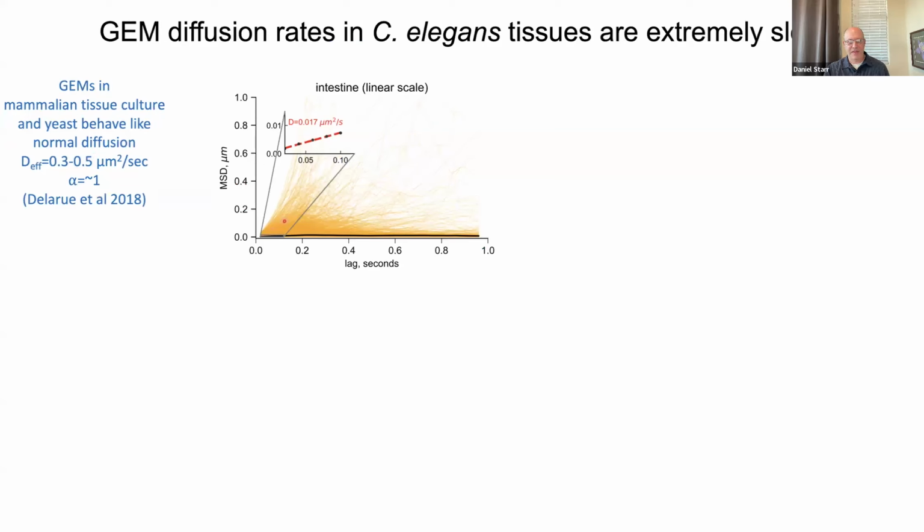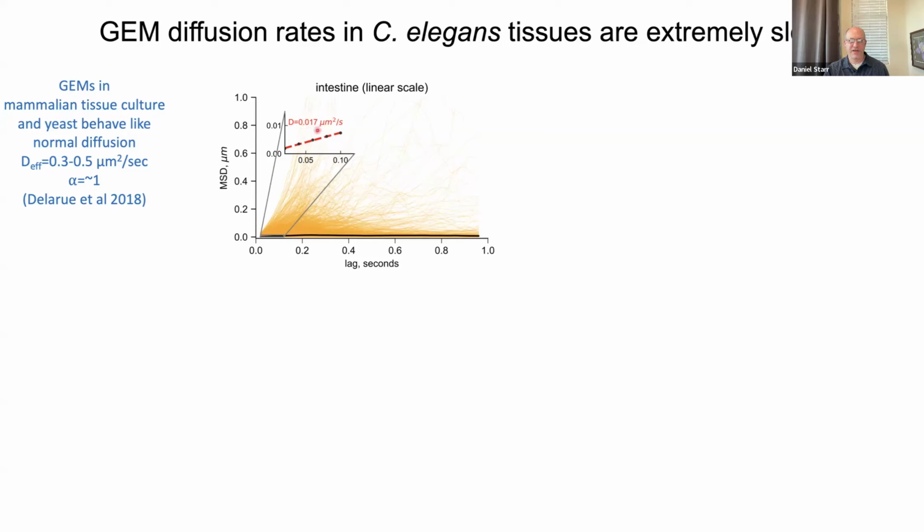Now we have plotted thousands of mean squared displacements from thousands of different tracks of individual GEMs in our worms, okay? And this is in the intestine. So when we get thousands of GEMs and we average it, the average is way down here because there's lots and lots of lines on top of each other way down here. Then we can look at the slope here and get the diffusion coefficient.